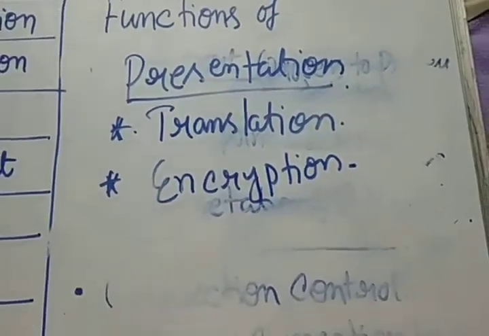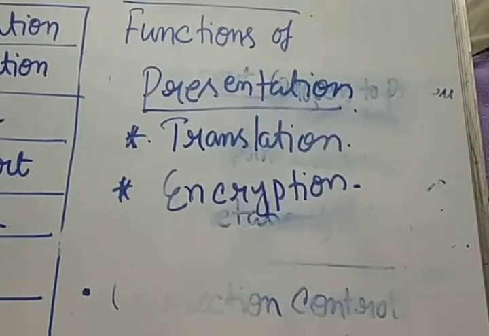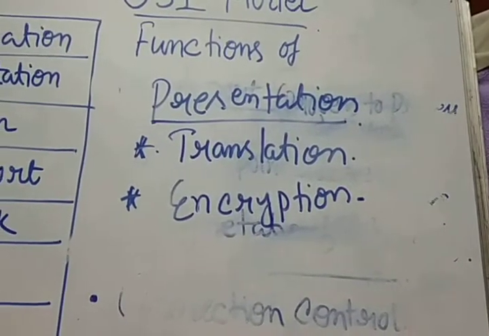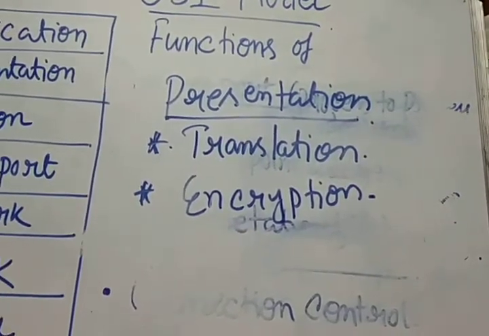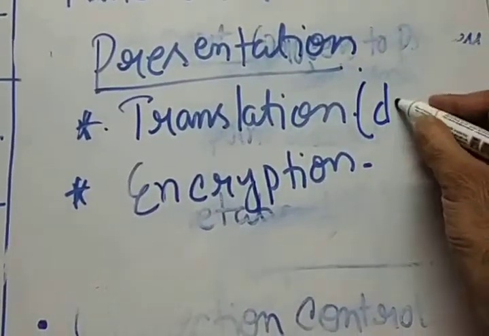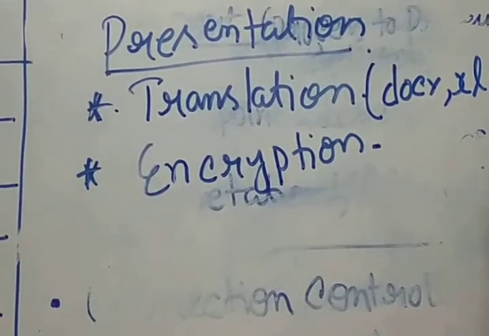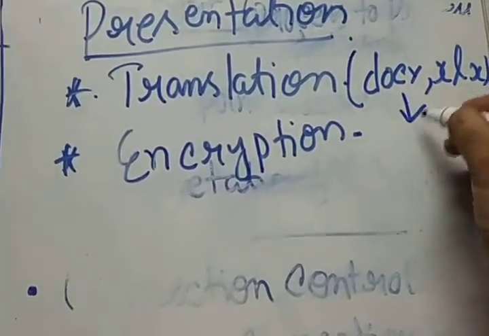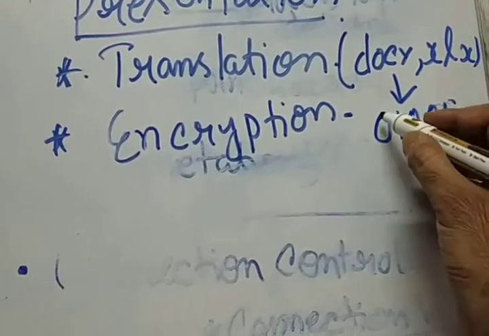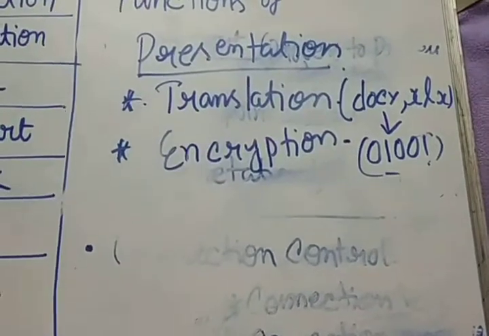The presentation layer has two functions. Translation: we all know there are different types of data format. Suppose someone is sending a doc file in .doc format, and someone is sending XLS format. Whatever the format, it is all translated into one common format, that is 0101. That is done by the presentation layer. Now what is encryption?